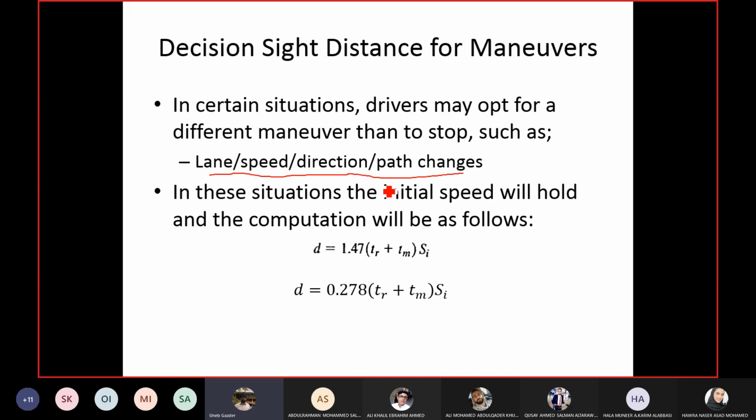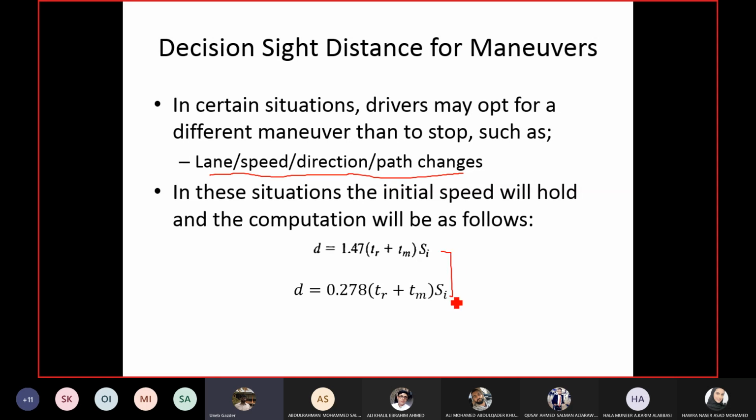In these situations, obviously, the previous equation of stopping distance will not be applicable. Just give me a minute. Okay, so for these situations, we have a new equation which you can see here in the slide.